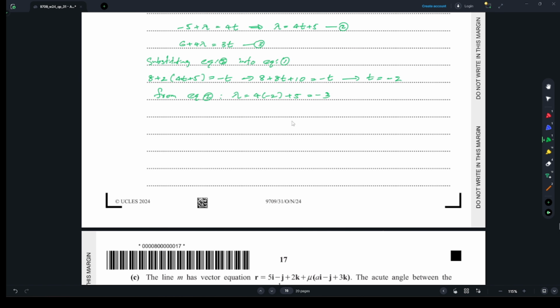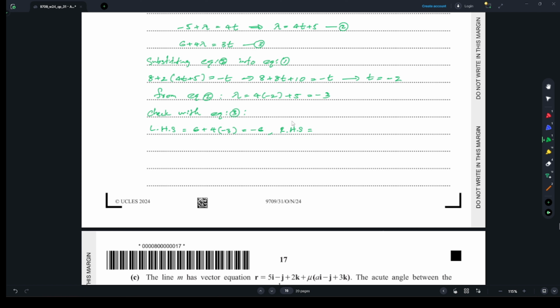You should do that one. Check with equation 3. Left hand side: 6 plus 4 lambda, with lambda minus 3, is minus 6.